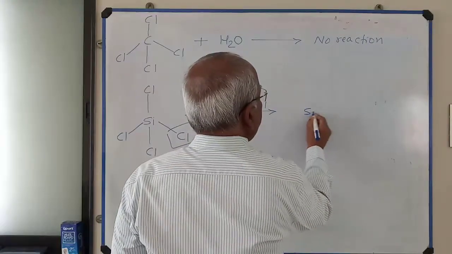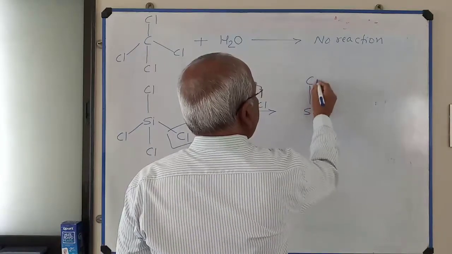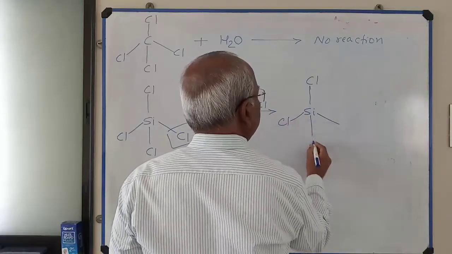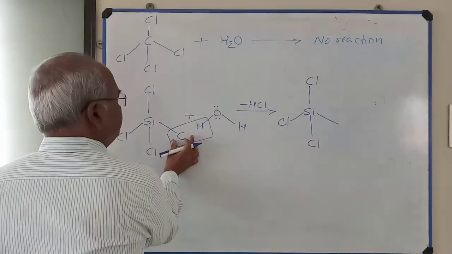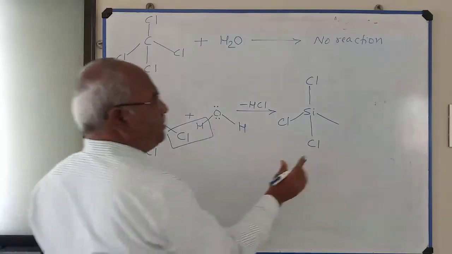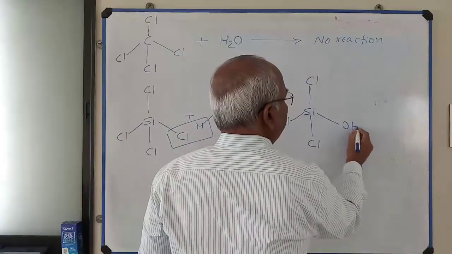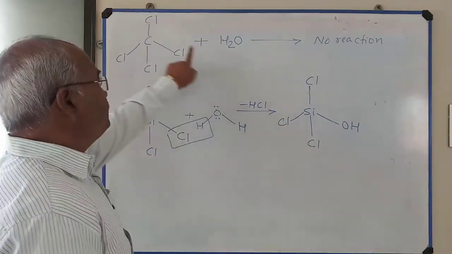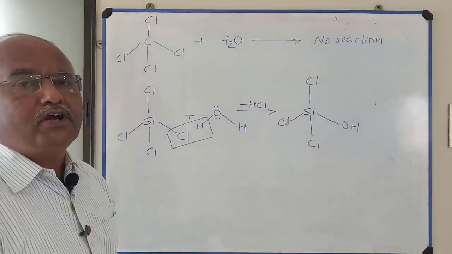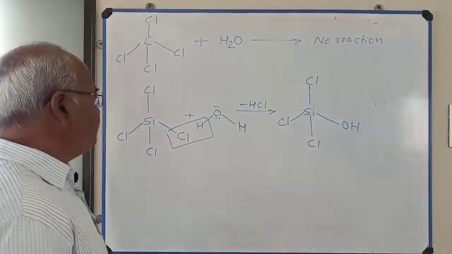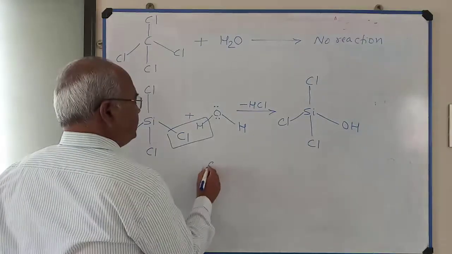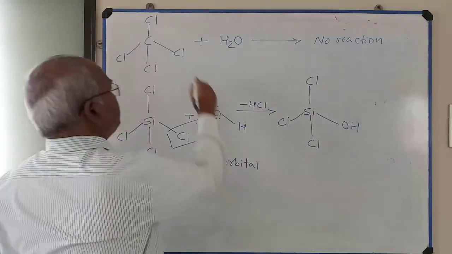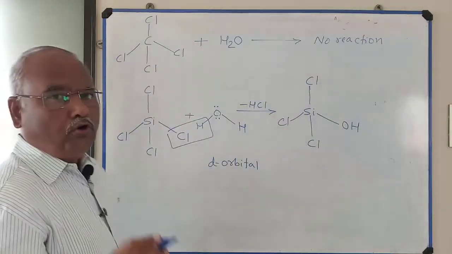Hydrolysis takes place: Si with three Cl. This chlorine is replaced by OH. This type of reaction does not take place in carbon tetrachloride. The reason is that in silicon there is d orbital. In carbon there is no d orbital.